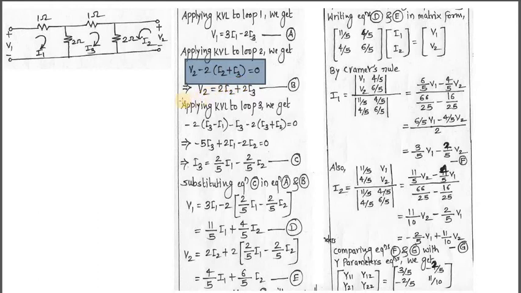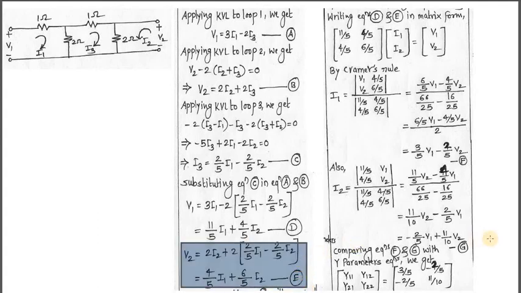If you look at the procedure, the things which we already have done are the same that we did till finding out equation D and equation E. So you have to repeat the procedure of finding out z parameters till equation D and equation E to proceed for finding out y parameters by using KVL.